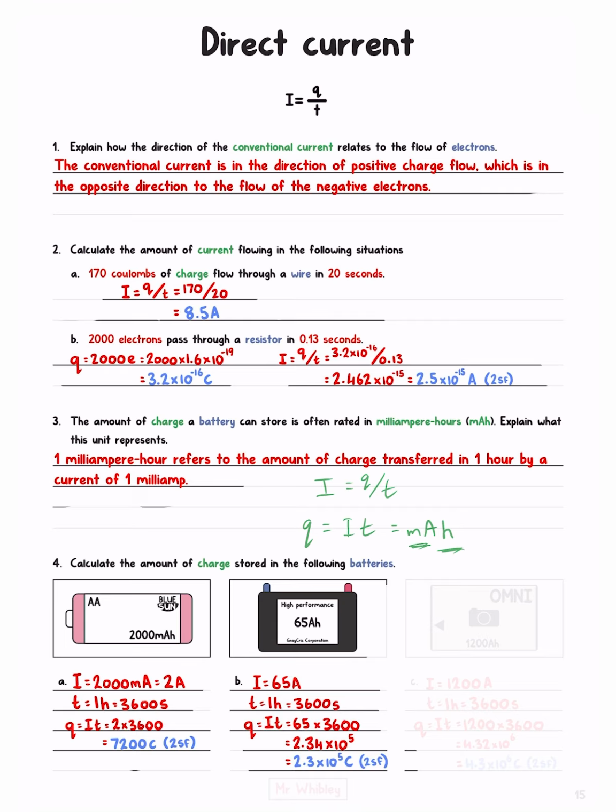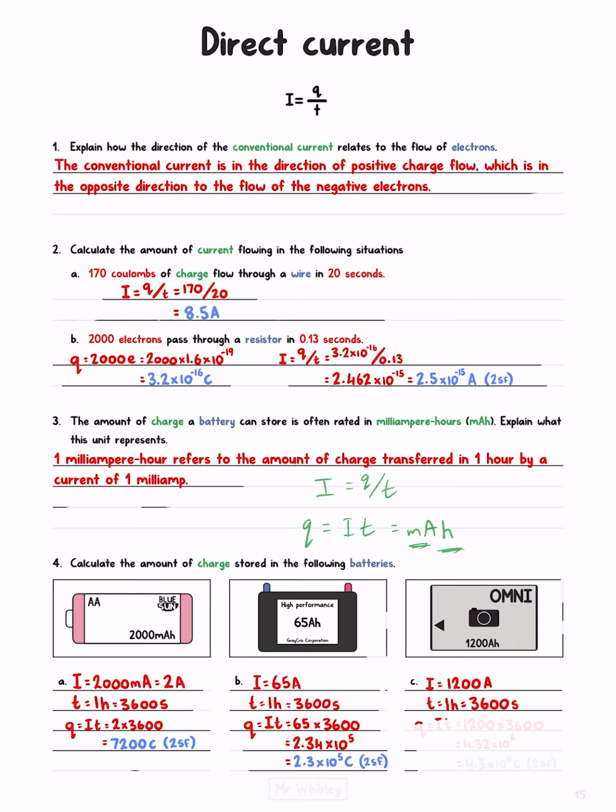For our last battery, we have a charge of 1200 amp hours, corresponding to a current of 1200, and a time once again of 1 hour, or 3600 seconds. Putting our current and our time into our charge equation gives us 4.32 times 10 to the 6, or 4.3 times 10 to the 6 coulombs to two significant figures.